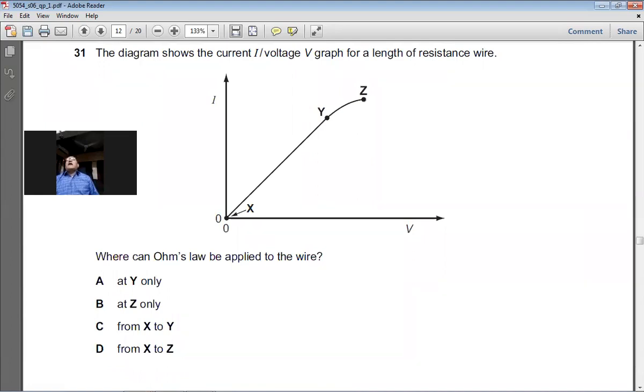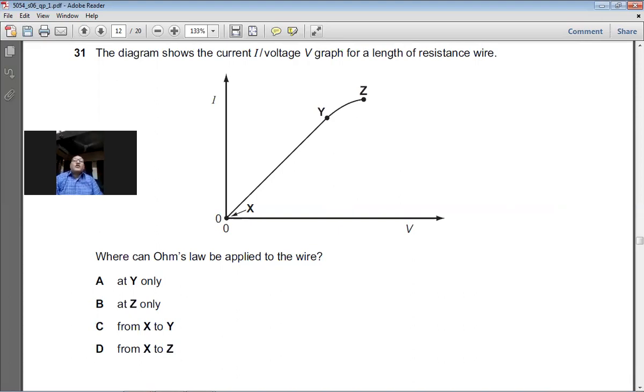The diagram shows the current I, voltage V graph for a length of resistance wire. So where can Ohm's law be applied to the wire? Ohm's law means that I and V are directly proportional to each other. So I and V will be directly proportional until the point where the graph has a constant gradient. Once the graph's gradient starts changing, we say Ohm's law is not obeyed.